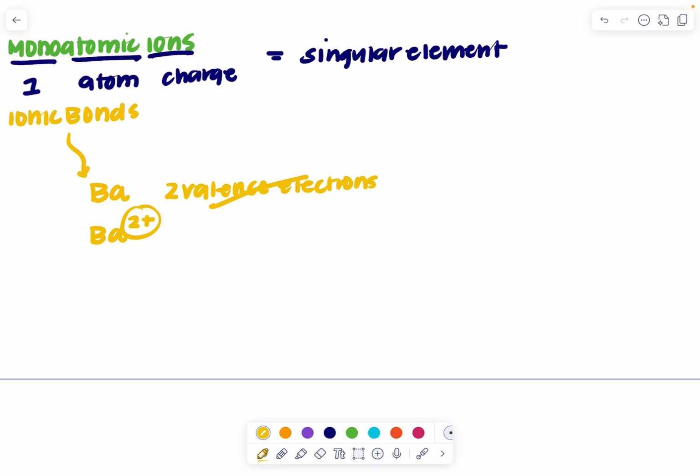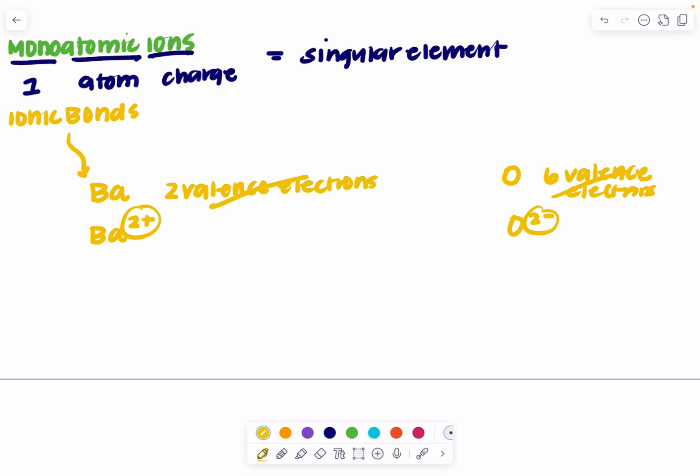Okay. On the opposite side, if we look at something like oxygen, oxygen has 6 valence electrons. If we add 2 valence electrons to that, we're going to end up with 8, but we have to write down a way that we can show that, so we put a -2 charge next to oxygen.